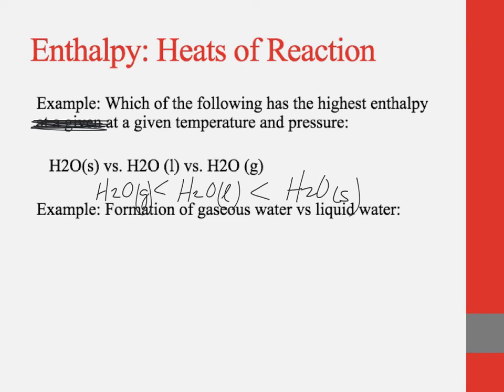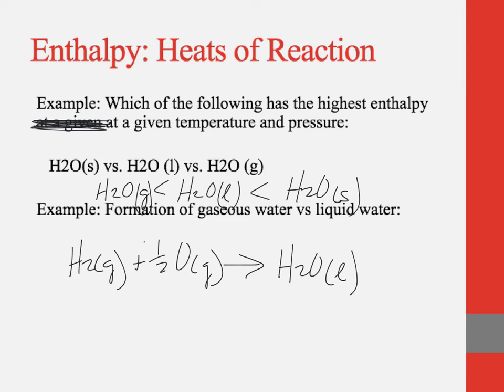Let's look at an example. H2 gas plus 1/2 O2. Remember I said it's the formation of 1 mole when we look at the energy values. Has a delta H of negative 286 kilojoules.